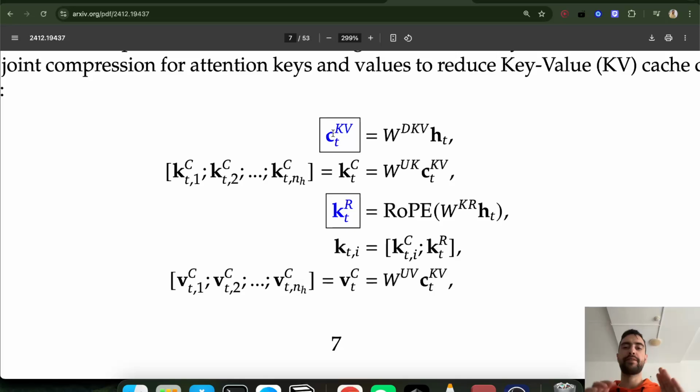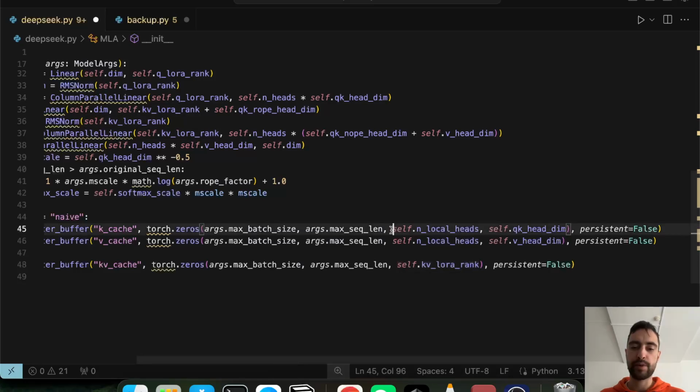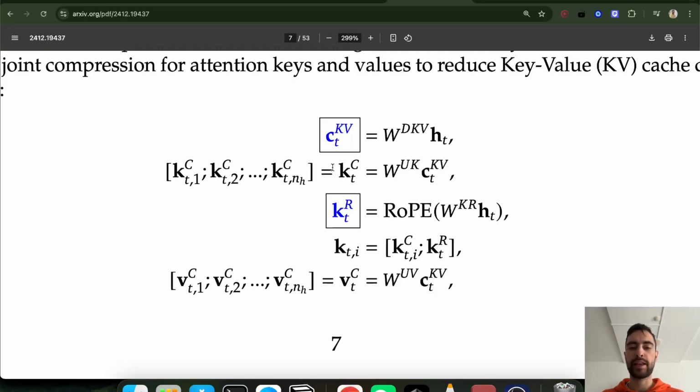So we don't need separate vectors for separate heads. That's why we don't have the number of heads. We just have the dimension, and the LoRA dimension is a lot smaller than the full head dimension. The full head dimension is still going to be present later when we calculate it, but not in the memory. In the memory, we are just storing the small matrix.